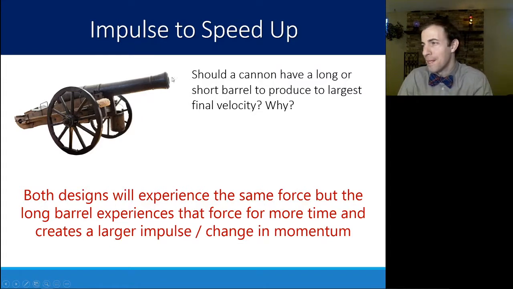The force basically stops once the cannonball leaves the cannon. So the longer it's in the cannon, the longer that explosive force is pushing on the cannonball. The force is the same in this case, but we're changing the time, and the longer the time is, the larger the impulse and the larger the change in momentum.